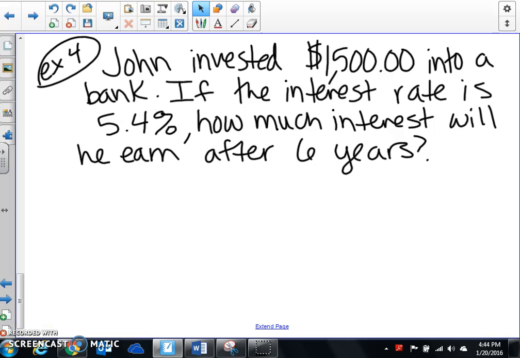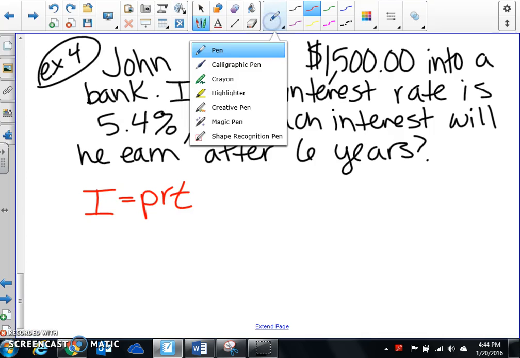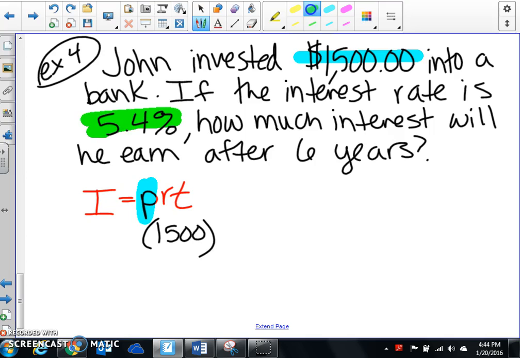Okay, so then we put I equals PRT. I am pretty. All right, so then I've got to decide what is what. This time, John's not borrowing from the bank. Good for him. He is investing. So that is my principal, because principal is always money. So that's $1,500. My rate is always a percentage, so I scan through and, sure enough, it's 5.4%.